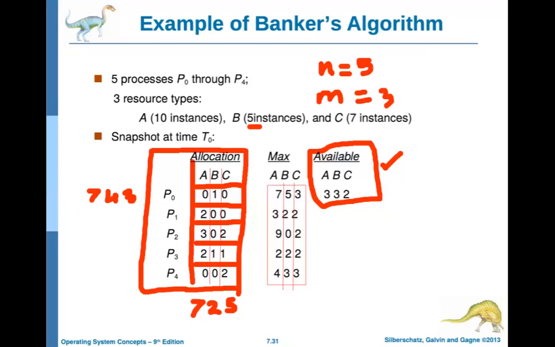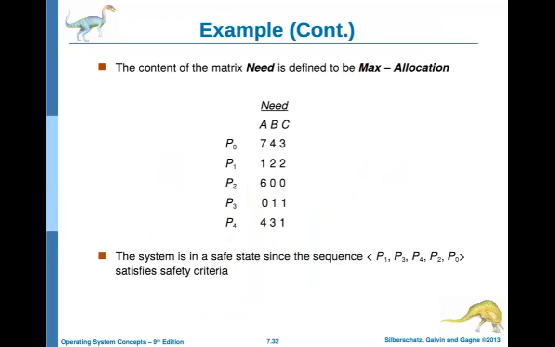So the 4 data structures I mentioned can be calculated like this: the current allocation, maximum requirement for resources, available resources, and the Need matrix. See how this Need matrix is calculated.